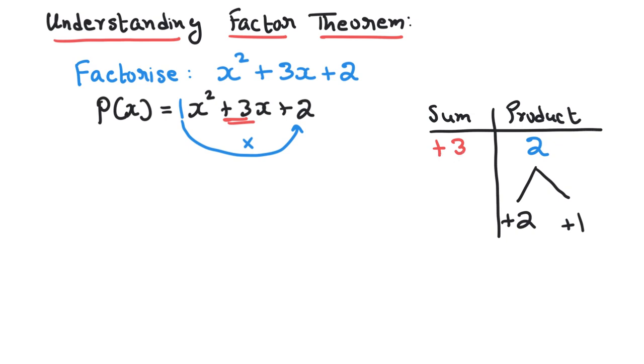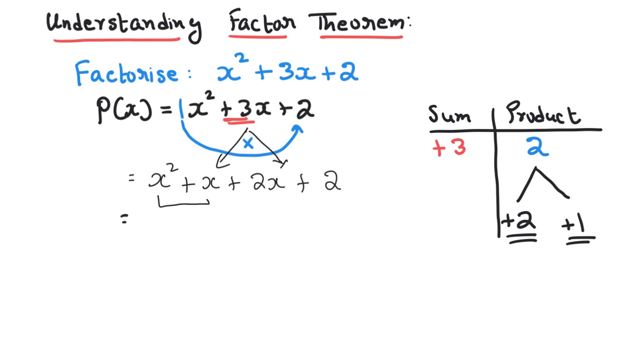So let's come back to the polynomial and let's split the middle term. X squared. Can I now split 3x as plus 1x plus 2x? Because we are taking these numbers from here, plus 2. Now let's factorize the first two terms.